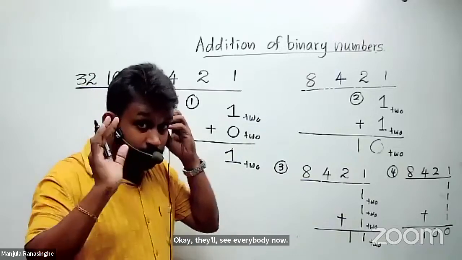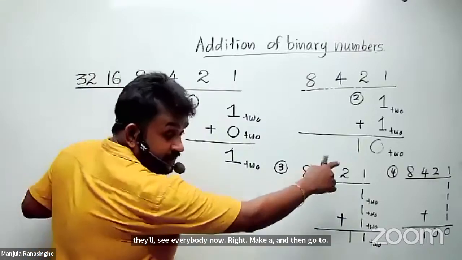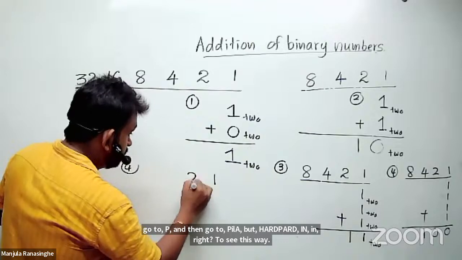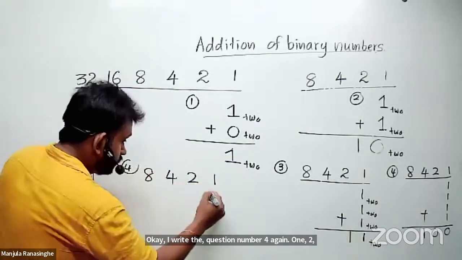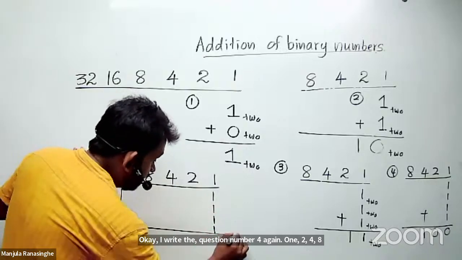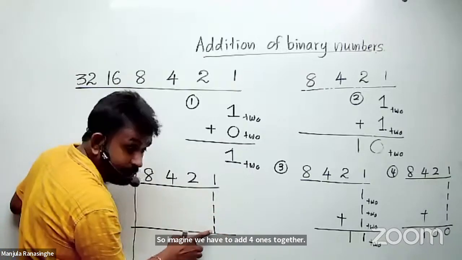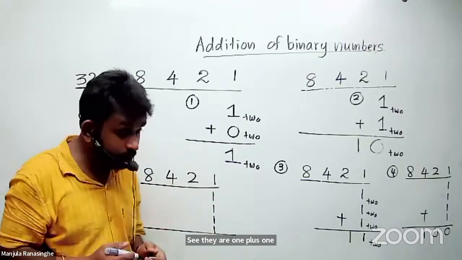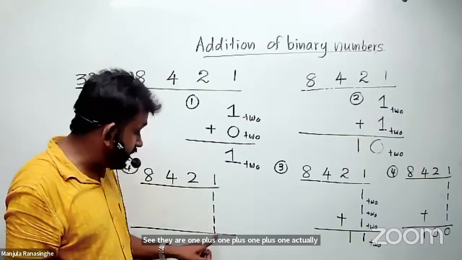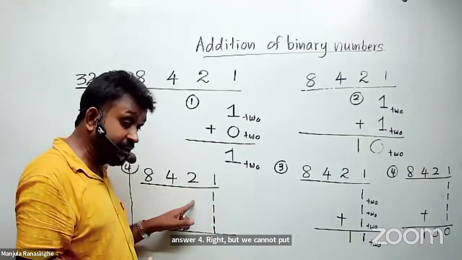See, this way. I write question number 4 again: 1 2 4 8. Imagine we have to add 4 ones together. 1 plus 1 plus 1 plus 1, actually the answer is 4. But we cannot put 4 there, so we have to transfer to the left side.